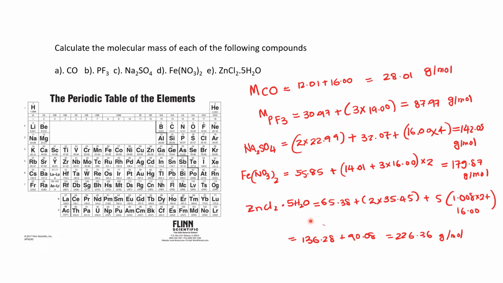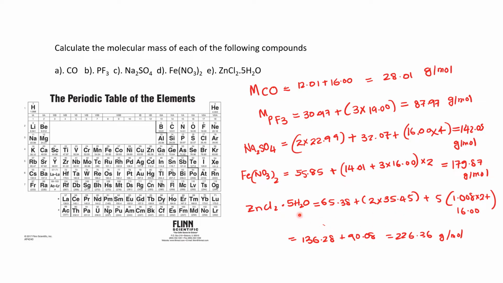When you have a hydrated compound like this, you should know that this is a single compound. So you're going to find the mass of zinc, which is 65.38, and you're going to add 2 chlorines, 2 times 35.45.